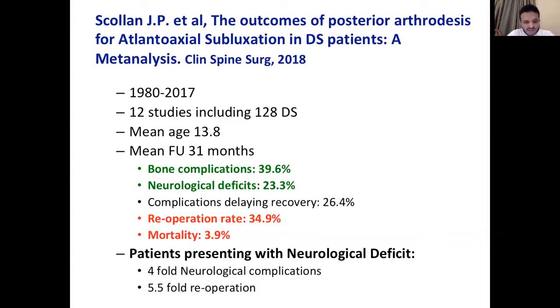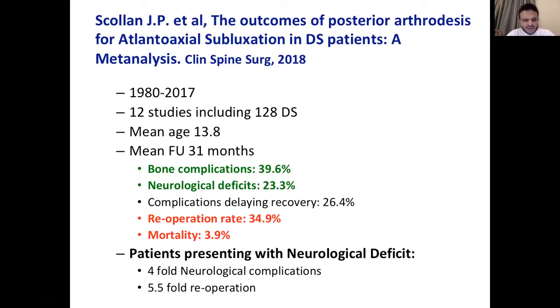So that's my message from this case. Usually C1, C2 fusions have a good fusion rate. None of the trauma patients I did had recurrence. The ones that have recurrence tend to be syndromic. I think Down syndrome is the least of the syndromic ones causing trouble. At least when you revise them, they do well.